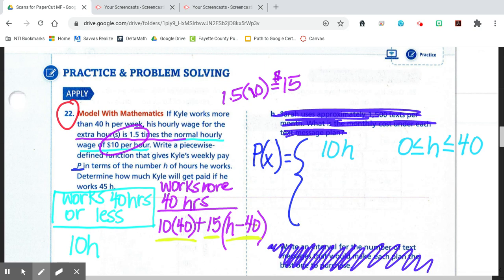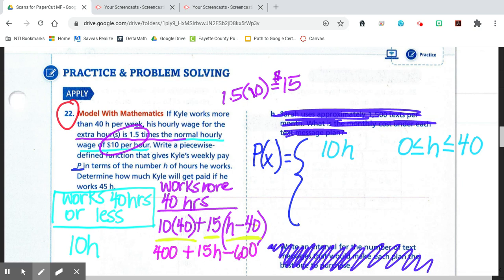And that'll give me that. Okay, so that would simplify to 400 plus 15H minus, and I need my calculator just to double check, 15 times 40 is 600.